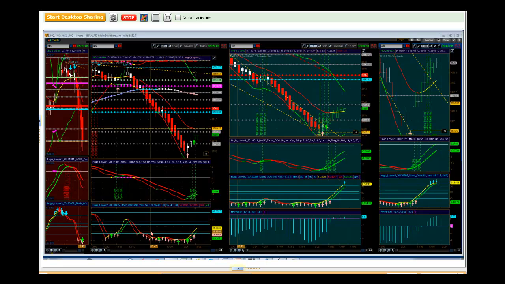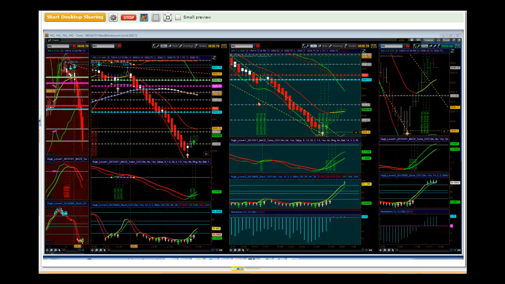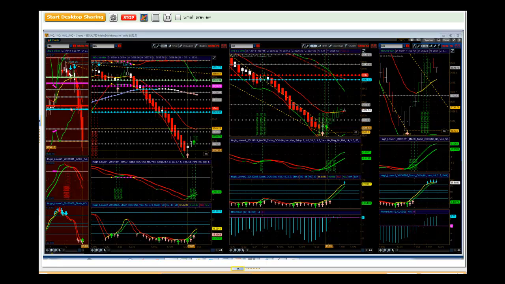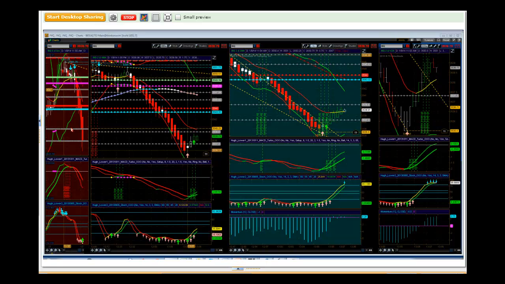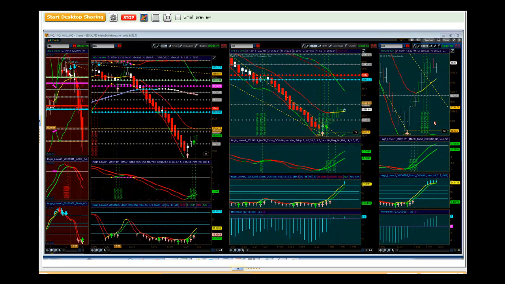Right now, you can see here, this is the NASDAQ 100. I've got four charts here, breaking it down in various time frames, or fractals, or whatever you want to call it. On the far left, you'll see a 5-minute chart. This is a 400 tick, a 200, and a 133. What I am looking for, based on our trading system, is my lower studies, and then my upper studies here.